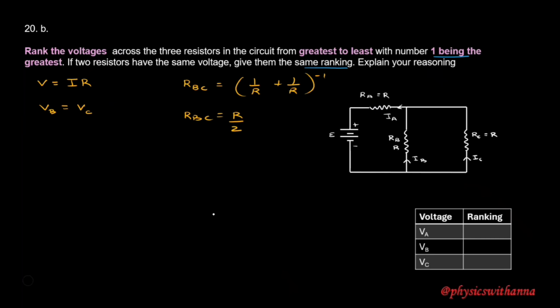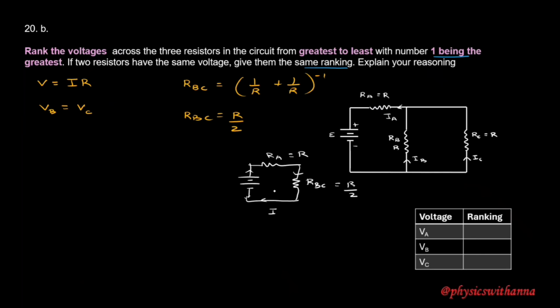Then when you reconstruct the circuit, you get the battery here, resistor RA, and then the combination of B and C, which is RBC. RA is equal to R, RBC is R by 2. And since this is a series circuit, the same current flows through RA and RBC as the total current I of the circuit.